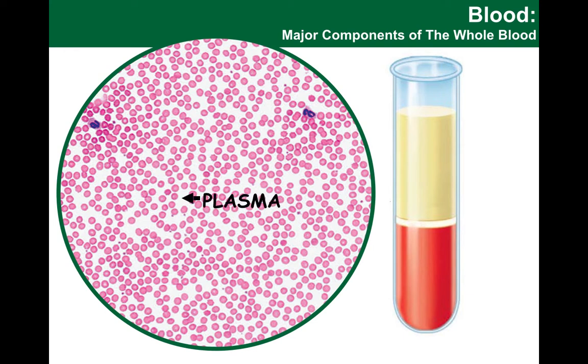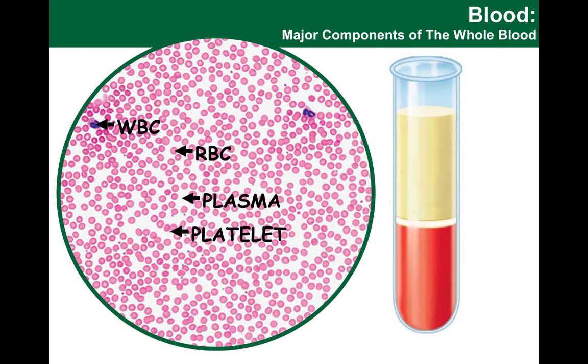You can see the plasma in between the cells, so this white space, the matrix where everything else is in, and lots of red blood cells, these red dots. Our white blood cells stain dark blue from their nucleus, and they are physically bigger than red blood cells. And finally, platelets. These are small cell fragments that play an important role in blood clotting.